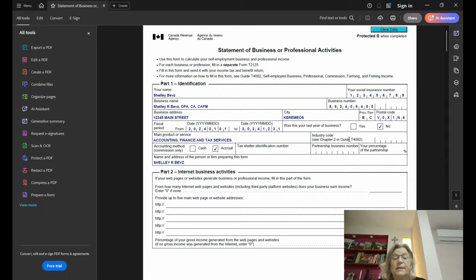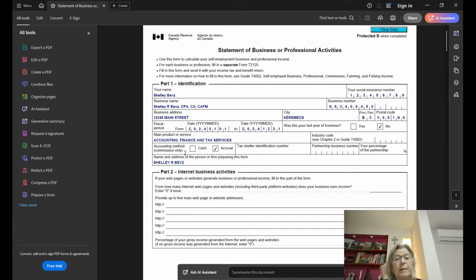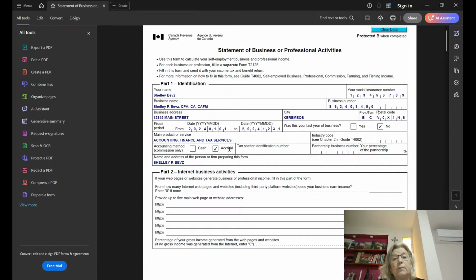Okay, it's always there, and you do need that, or you won't be able to e-file your tax return. The accounting method. Okay, are you doing cash basis? Are you doing accrual? In Canada, we're required to do accrual basis always, unless we are farmers or fishermen.